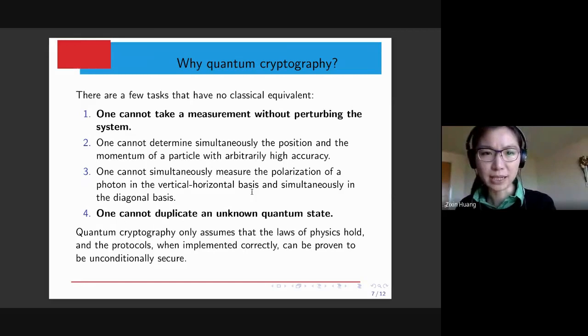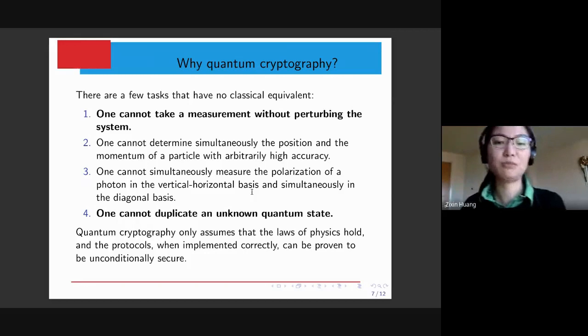This is basically the Heisenberg uncertainty principle. Number 3, one cannot simultaneously measure the polarization of a photon in the vertical-horizontal basis and in the diagonal basis. This is something that we will encounter later on, which is very important for quantum key distribution protocols, and it is basically what the entire field of quantum cryptography is based on.